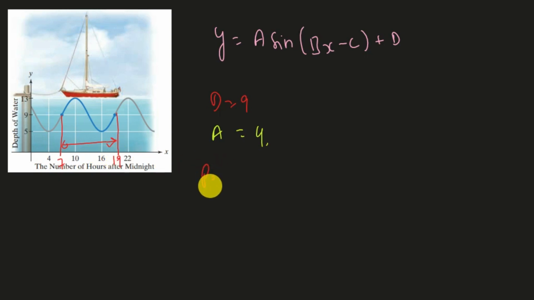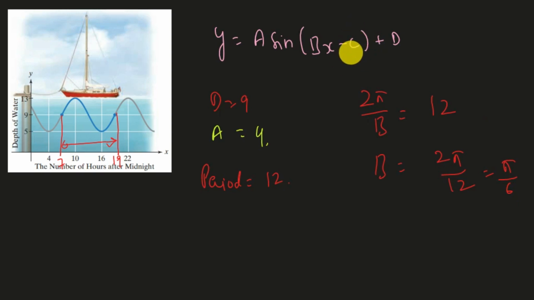So the period would be 19 minus 7, which is 12. Period is 2 pi by b, this was the formula, so this equals 12. From here b would be 2 pi by 12, and that is pi by 6.